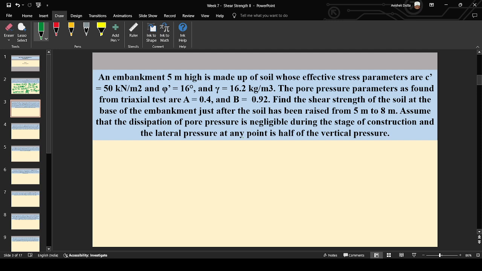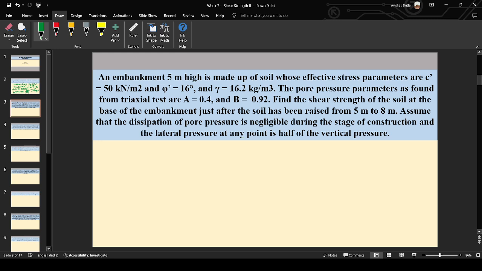So for shear strength we need to find out the effective shear stress, and for effective shear stress we need to find out the existing shear stress along with the increment in the shear stress, and for that we have to find out the normal stress.